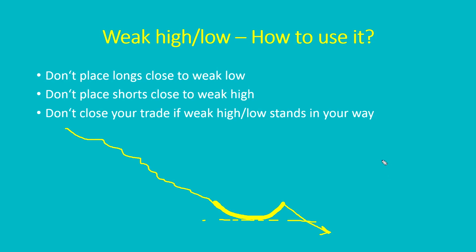If, on the other hand, as I said in the previous video, there was a downtrend and aggressive rejection of lower prices, then this would be a good place to quit the trade, because this is a sign of aggressive buyers who could turn the trend, but this is not a sign of strong buyers. Alright, so this is how you can use the weak highs and weak lows.